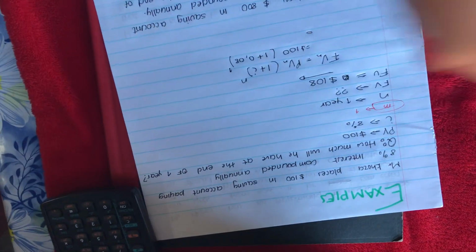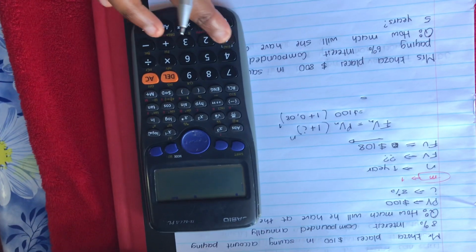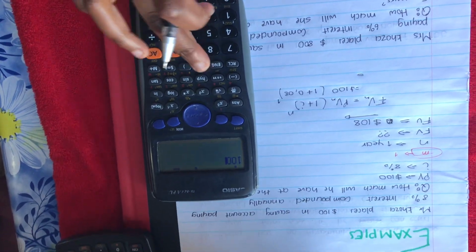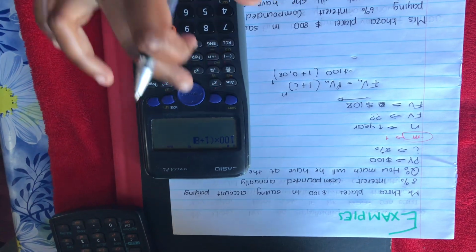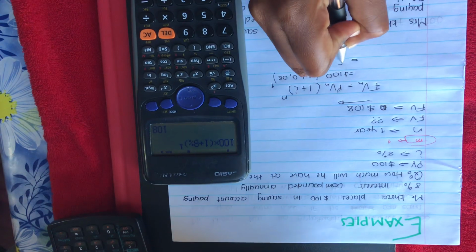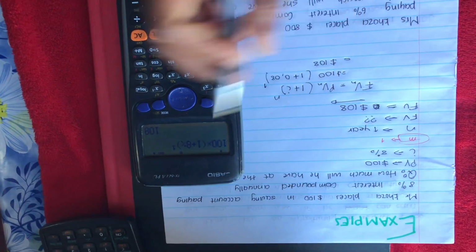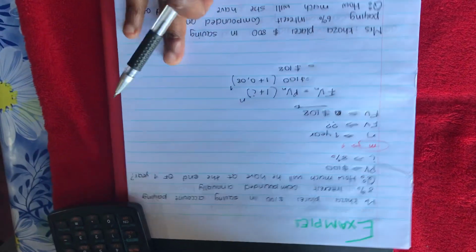Then we calculate it using this calculator, which is the Casio. Then we say 100 times 1 plus 8% to the power 1. Then that's our $108.